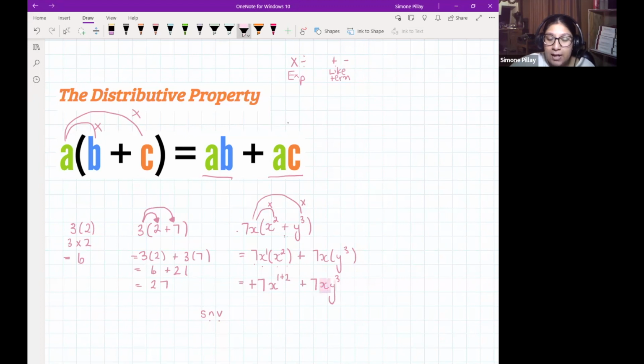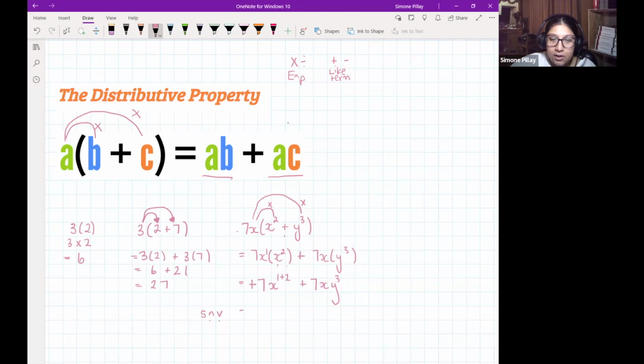I'm talking about the actual variable itself. X and Y, those are not the same bases. So I can't add my exponents. I could add my exponents when I had x and x because those were the same bases. So just something important for you guys to remember.